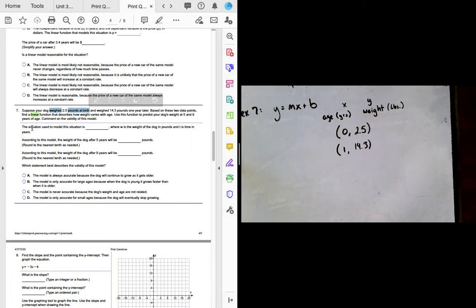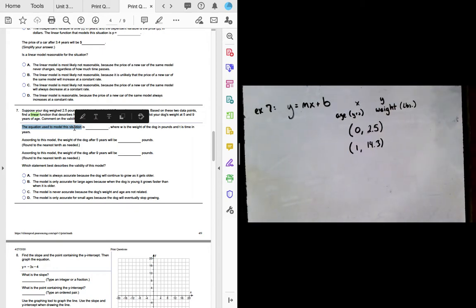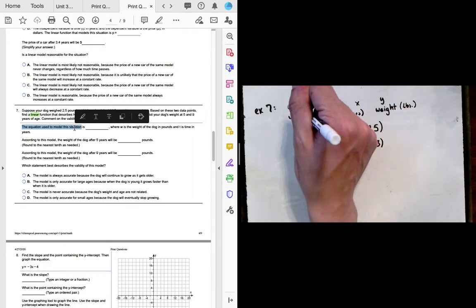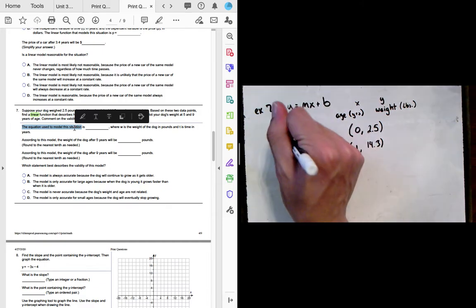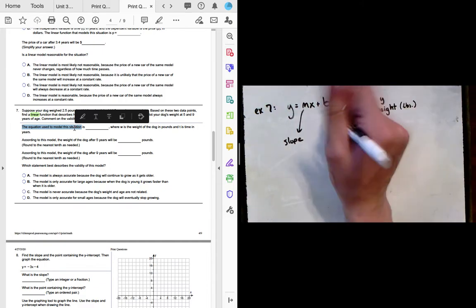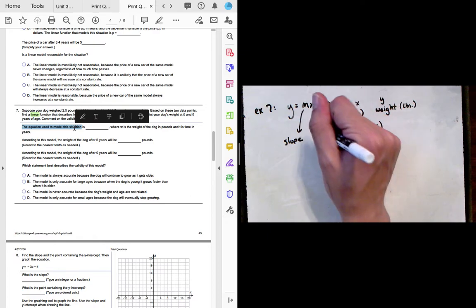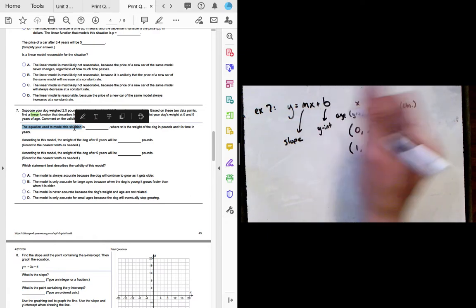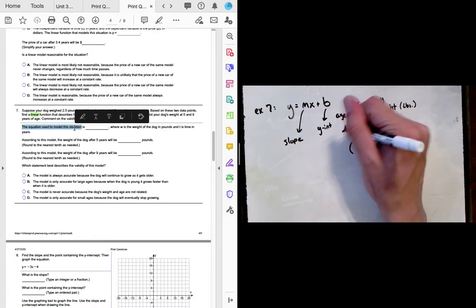First thing it says is we want to make an equation used to model this situation. Remember, we're using y equals mx plus b, so there's two values we need to find before we can build our model. We need to find the slope, and then we need to find the y-intercept. The y-intercept is actually given to us in this particular problem.